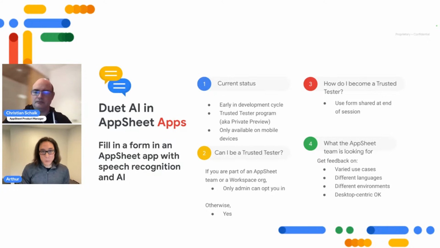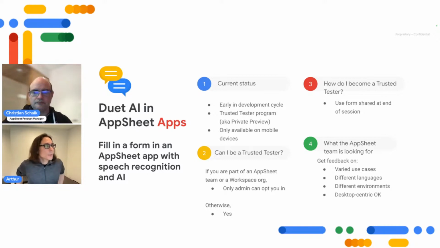What is the AppSheet team looking for? Well, we want to get feedback, first of all, just feedback in general, but we want to have a variety of use cases. We want to have, if possible, people with different languages that they speak, different environments. And so we're asking in the form if you can provide us some information around those things so that we can get enough of the variety that we're asking for.